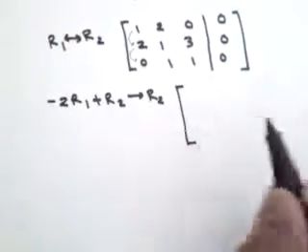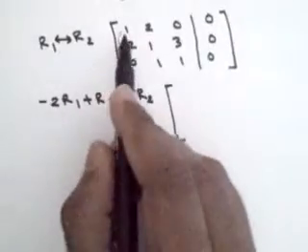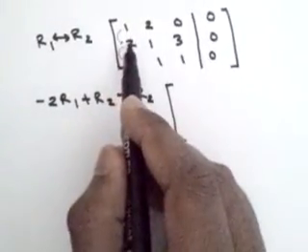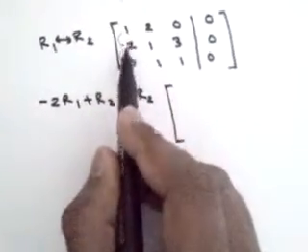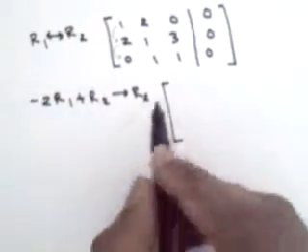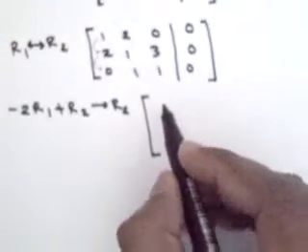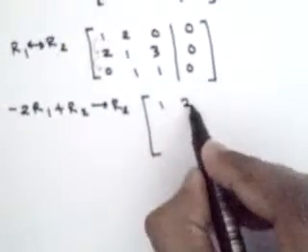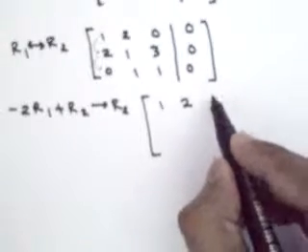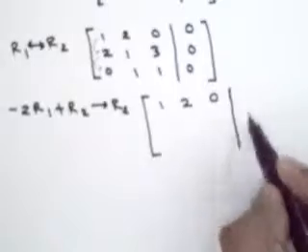So if we multiply -2 into row 1 and then add row 2, we'll get 0, and we'll put the values in row 2. So we get here 1 2 0. We haven't touched the first row, so this should be the same.